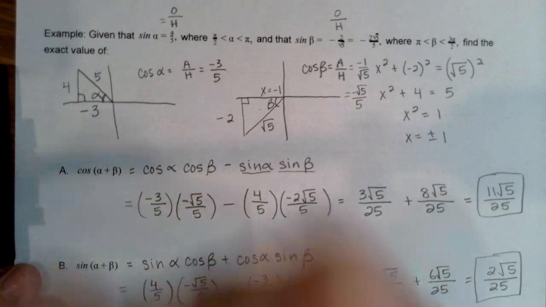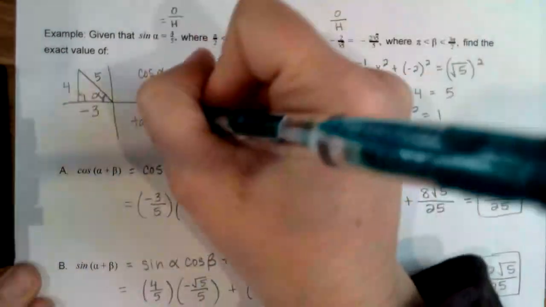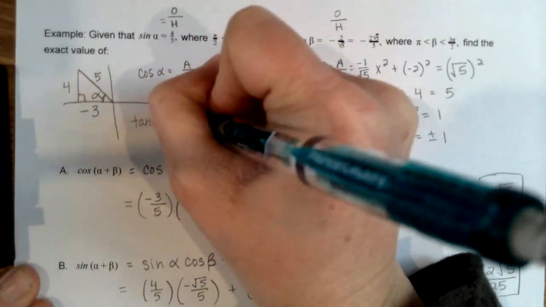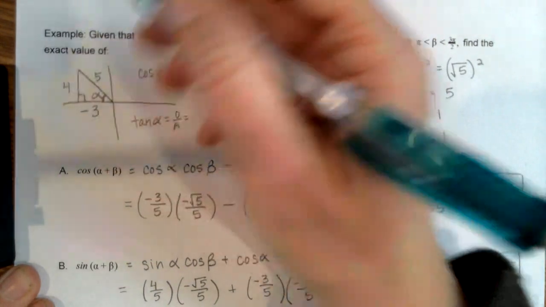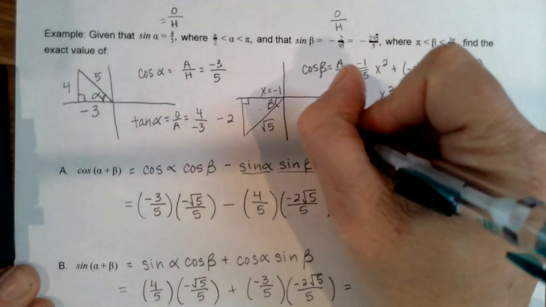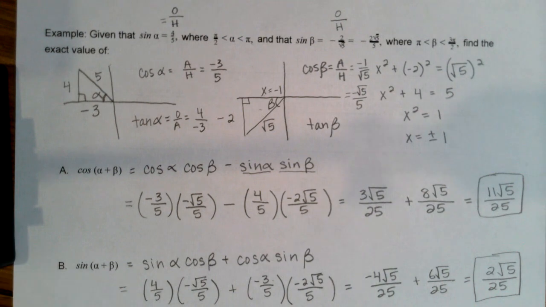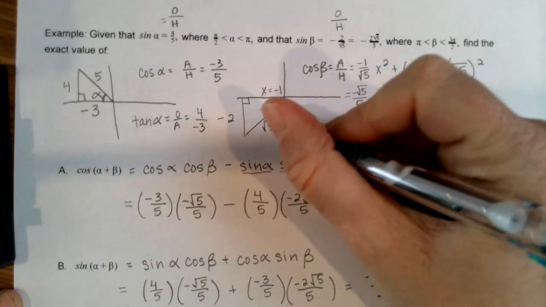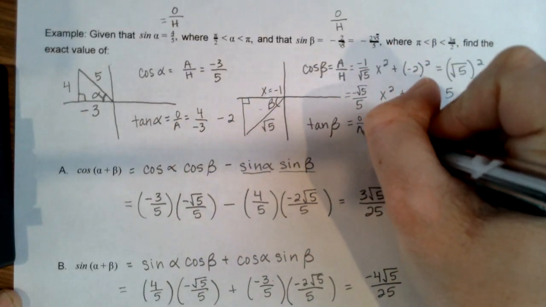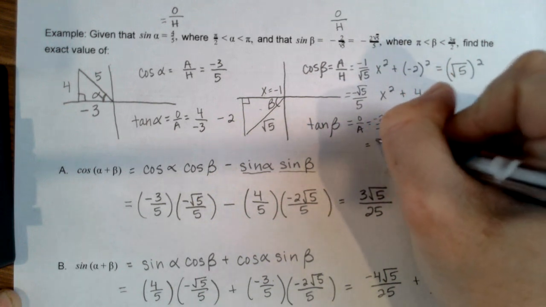Looking above, I don't have my tangents yet, but I can find them easily. The tangent of alpha is going to be the opposite over the adjacent, so my opposite is 4, my adjacent is negative 3. Similarly, my tangent of beta is my opposite over adjacent, which in this case is negative 2 over negative 1, or 2.